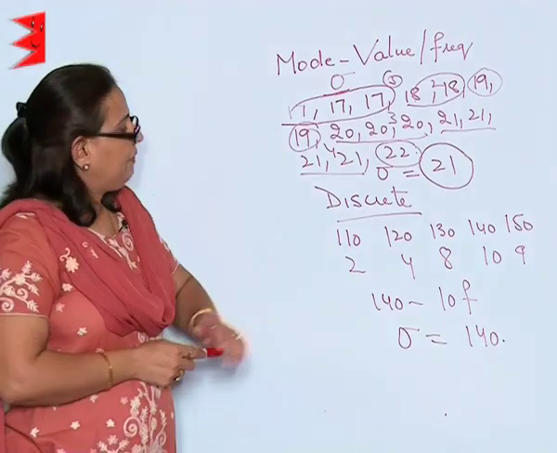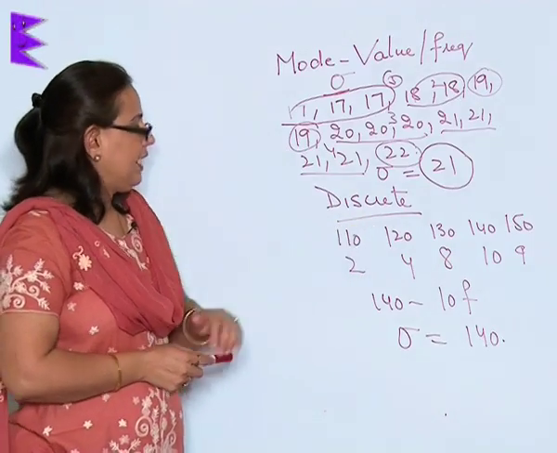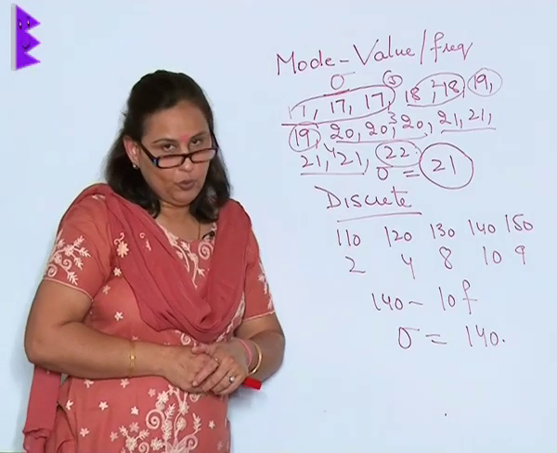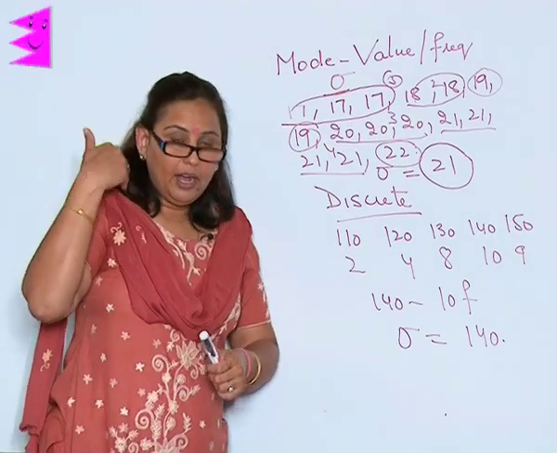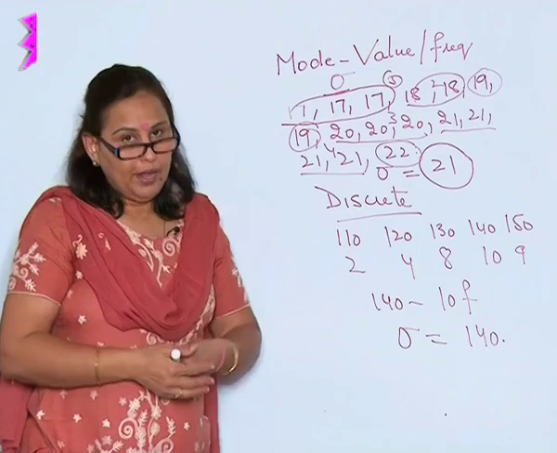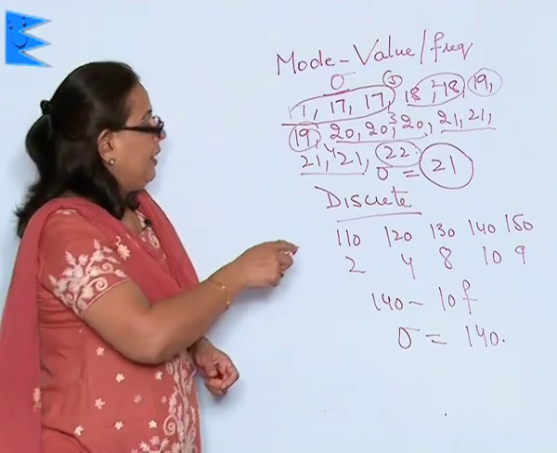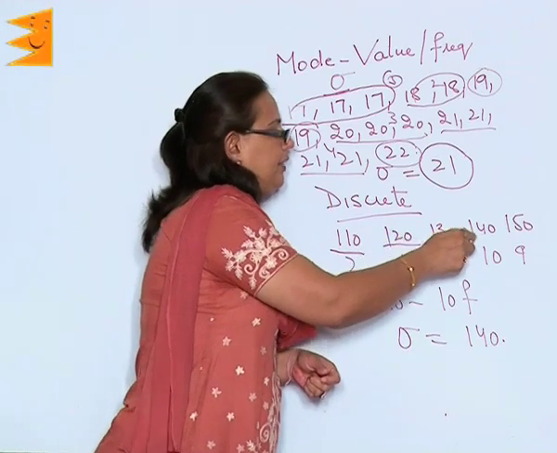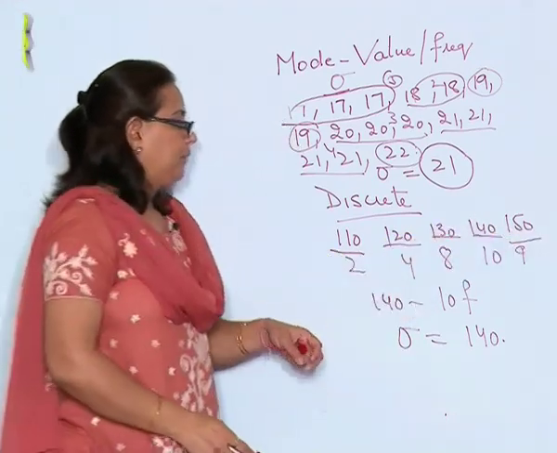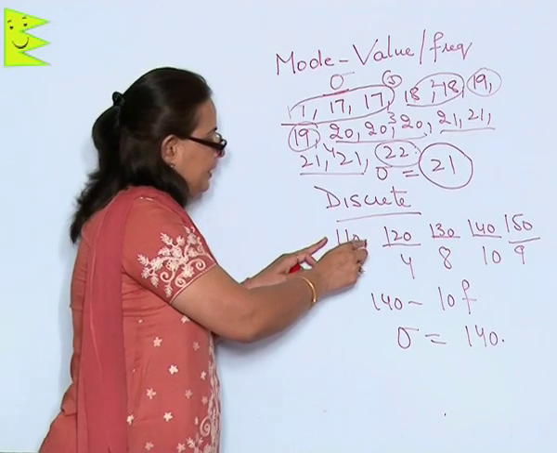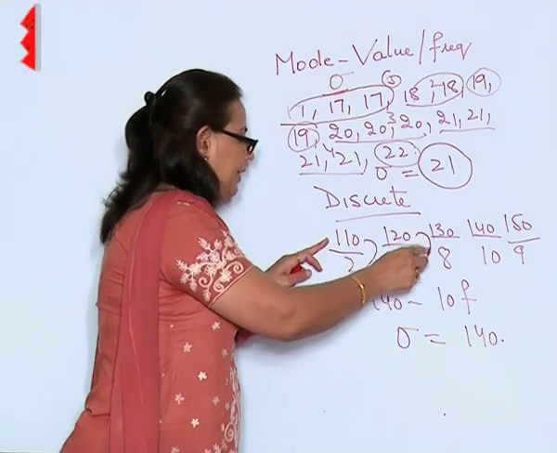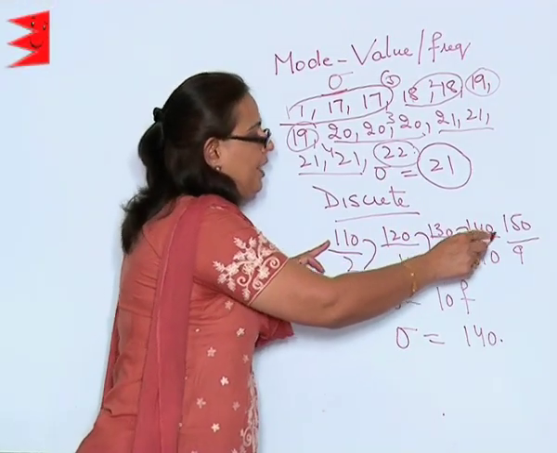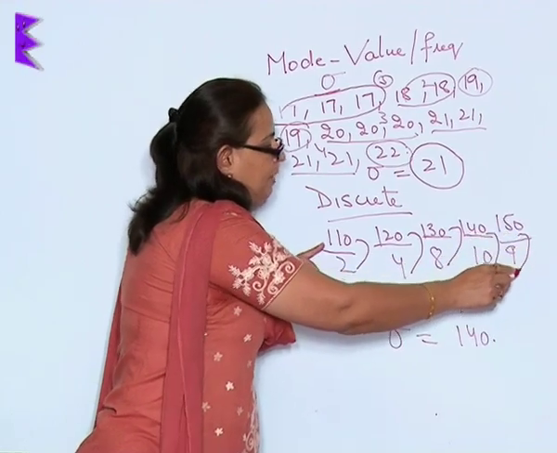But again we come to the discrete series, and in the discrete series, as always, there are frequencies. Here I say 110, 120, 130, 140 and 150. Now 110 is by 2 students, 120 by 4, 130 by 8, 140 by 10 and 150 by 9.